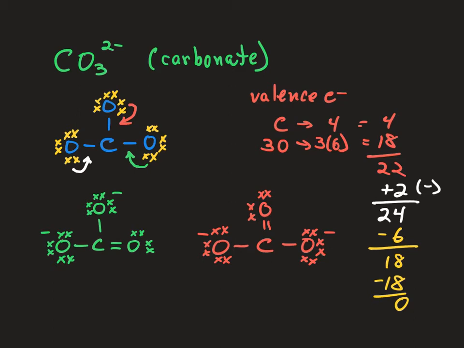If we pick the white arrow, that's going to put our double bond there. And then these oxygens still have their unshared pairs. So really we have 3 acceptable and equivalent Lewis structures.